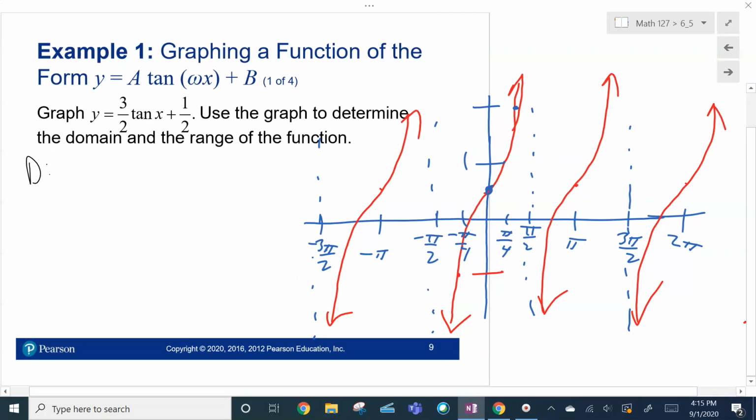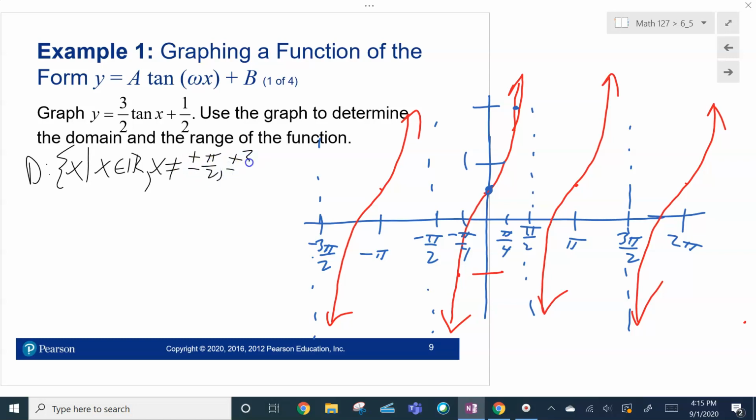So domain: x such that all reals except, I'll do it this way, x cannot be plus minus pi halves, cannot be plus minus 3 pi halves, plus minus 5 pi halves, and so on.